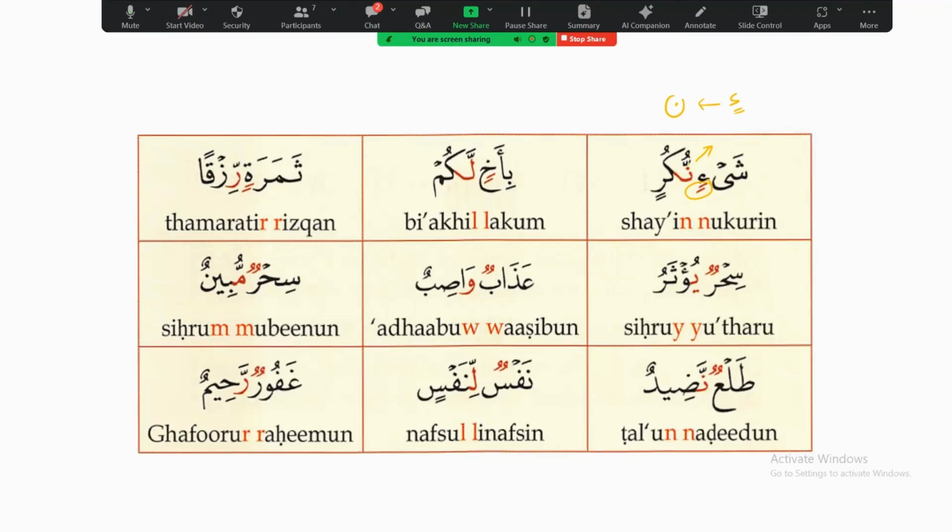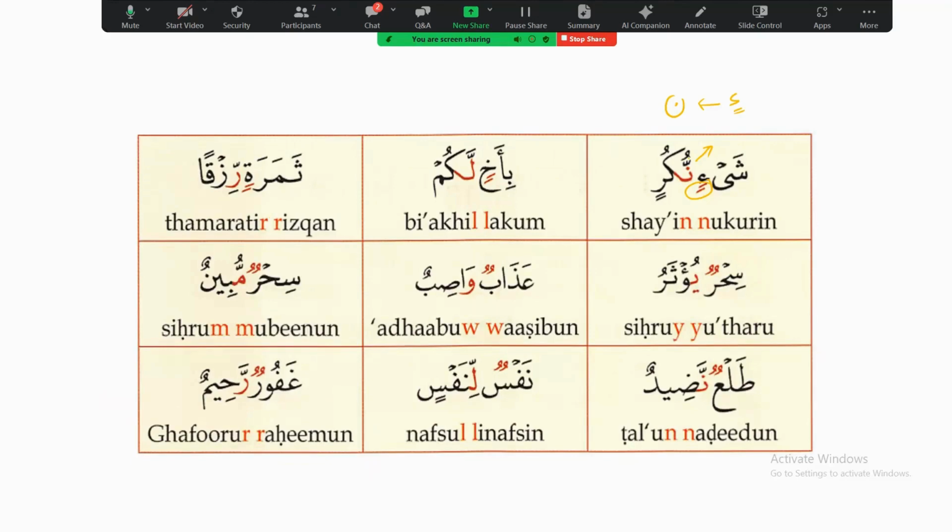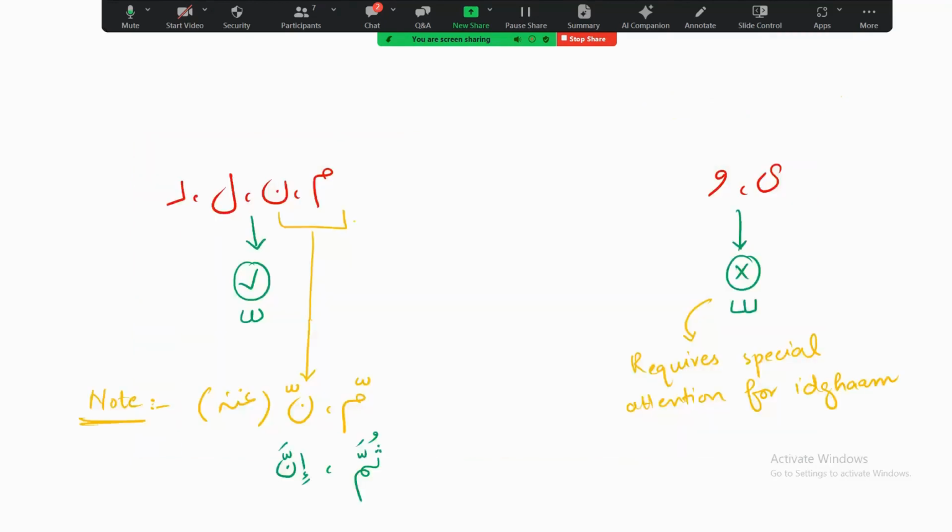And yes, you see a shadda here as well. I have mentioned to you, right? Whenever noon comes, there will be a shadda. As a side note, if you remember from the previous sessions, we discussed in the lesson of shadda that whenever there is meme with shadda and noon with shadda, we make a nasal sound in a general way as well.